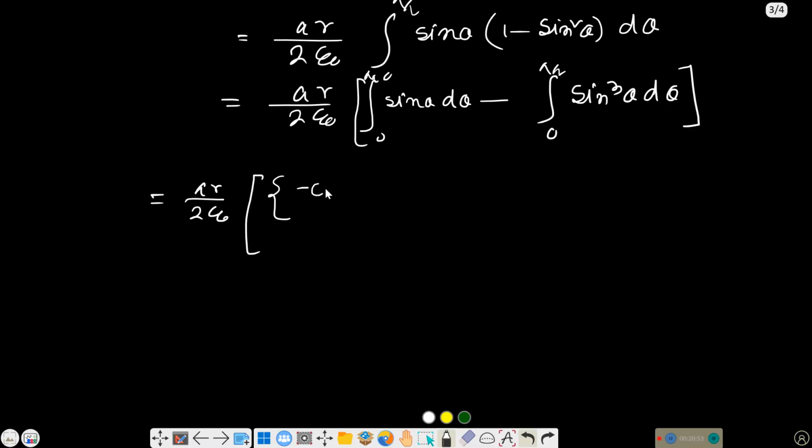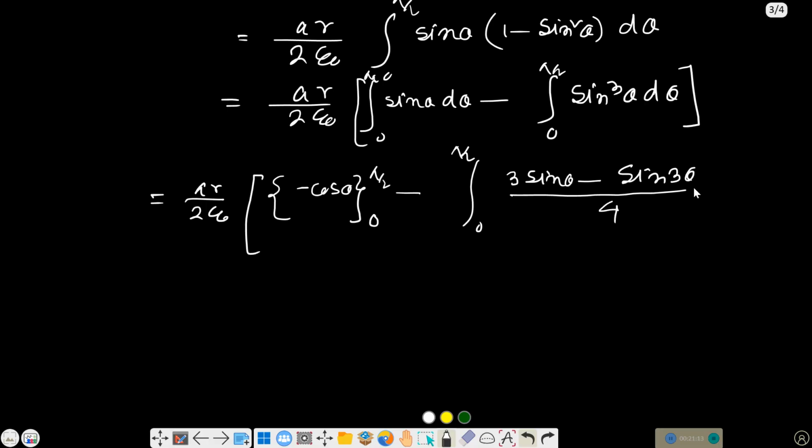If we do this, we will get the integration of sin theta as minus cos theta from 0 to pi by 2, minus, again we will break this using the formula of sin 3 theta. So it will be 3 sin theta minus sin 3 theta divided by 4 into d theta. Okay, so if we do this, AR by 2 epsilon naught, it will be cos pi by 2 is 0, 0 minus of cos 0 degree.